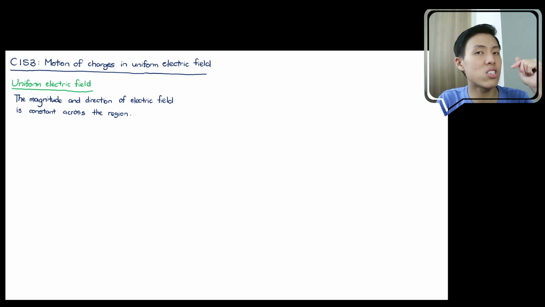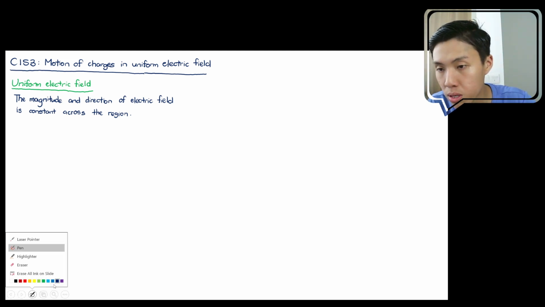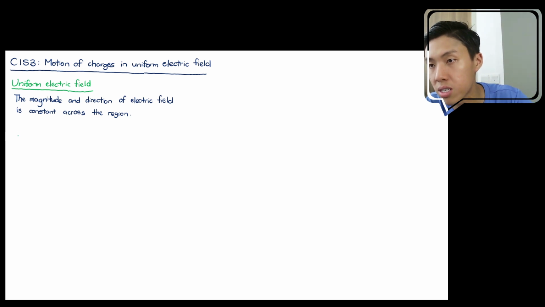So right now it's important for us to investigate what kind of setup will produce a uniform electric field. So the title here is how to produce a uniform electric field.